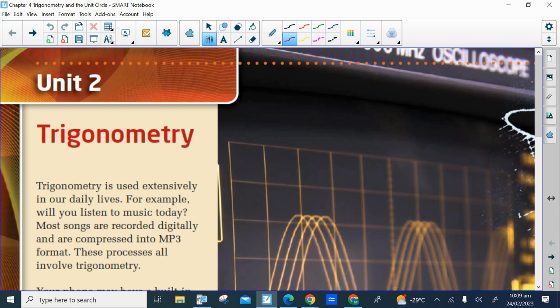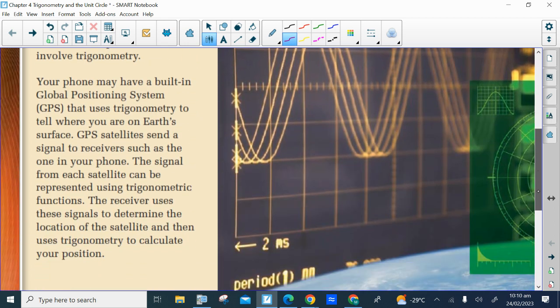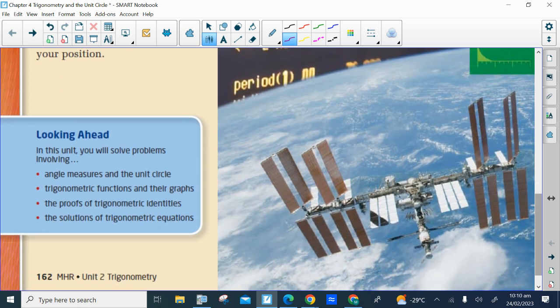And then in 20-1, that was extended to oblique triangles, triangles that were not right angled. You learned about the law of sines and the law of cosines, and you were likely introduced to the unit circle in 20-1. So we're going to continue that work with the unit circle in this course, as well as get into some other stuff.